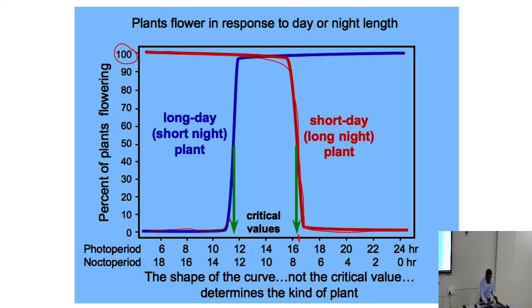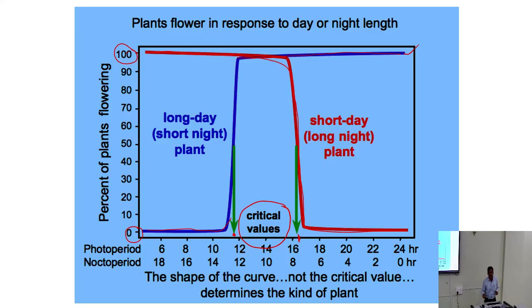Then how about this long day plant? For example, this is its critical value. Up to this, there is no flowering. Flowering is 0 here, but when it crosses that, immediately it rises and flowering reaches 100%. Now we have to understand this concept called critical day length, or the critical values.